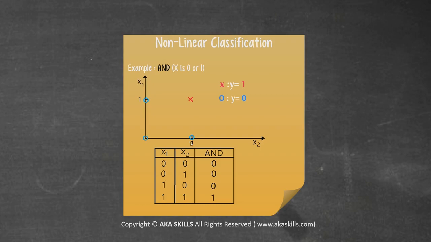If you don't know it, I really recommend studying some linear algebra and logical gates and the truth table, to understand exactly what I'm talking about here. So 1 and 0 is also 0. All these are zeros, and when x2 and x1 both equal 1, that means 1.